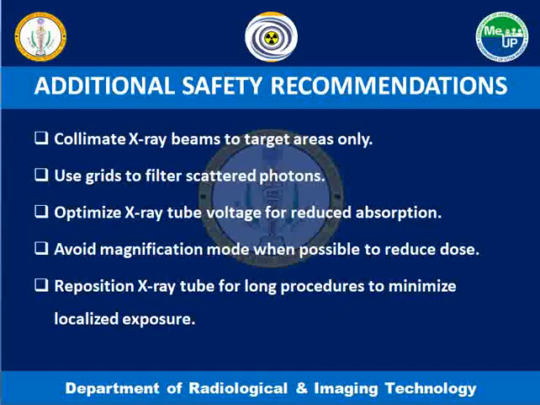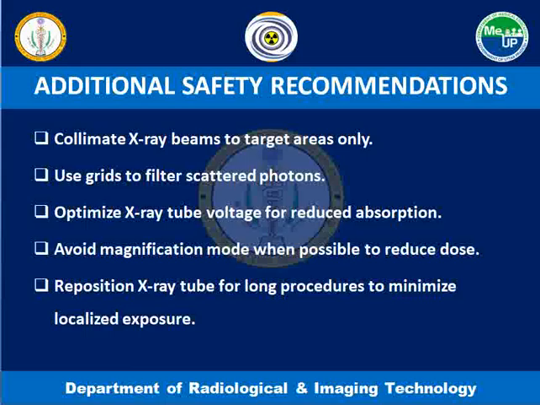Next, additional safety recommendations. Proper optimization of X-ray settings is essential to minimize unnecessary radiation exposure while maintaining image quality. Collimating X-ray beams ensures that radiation is focused only on the specific area of interest, preventing exposure to surrounding tissues. Utilizing grids helps filter out scattered photons, improving image clarity and reducing unnecessary radiation.